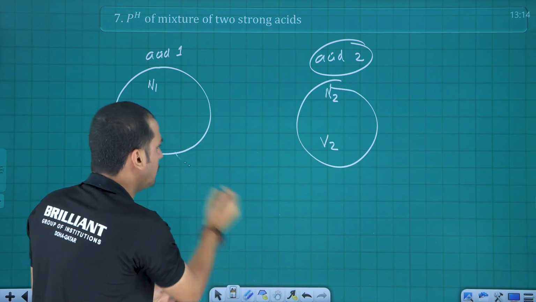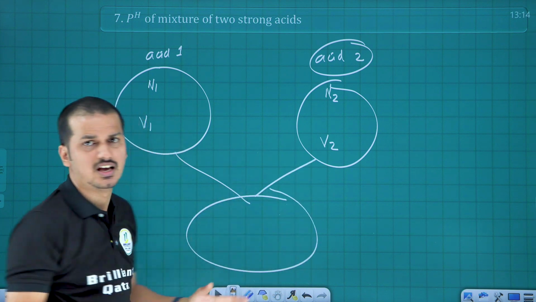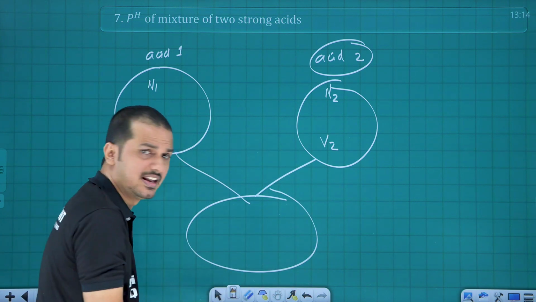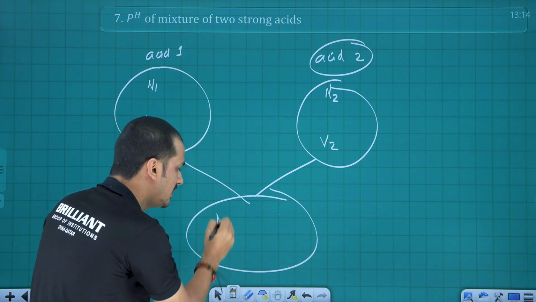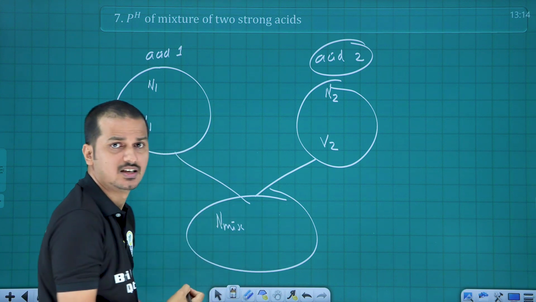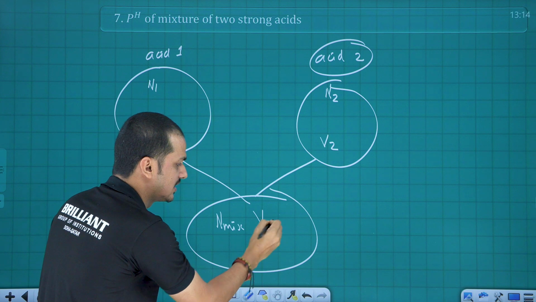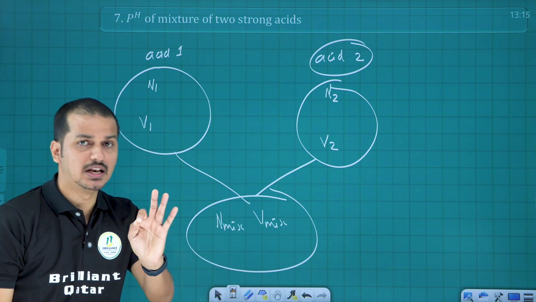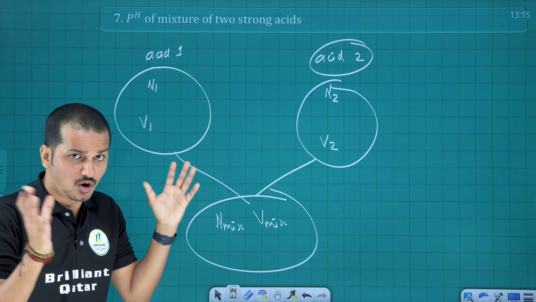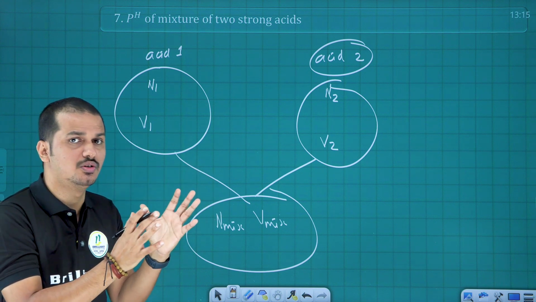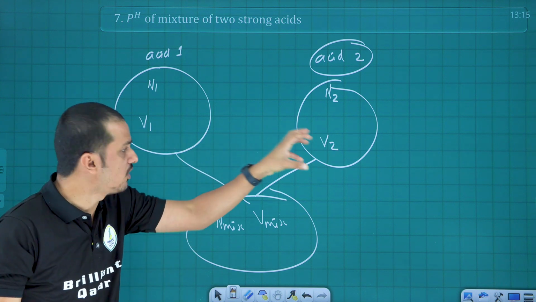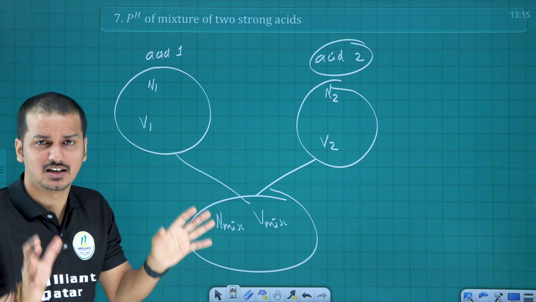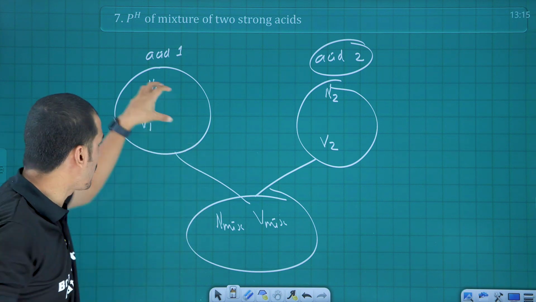If I mix both, I will get an acidic mixture, whose normality is N mix and volume is V mix. According to the law of millimole equivalence, the total millimole equivalence is equal to the sum of the millimole equivalence of each acid. Millimole equivalence means normality into volume.